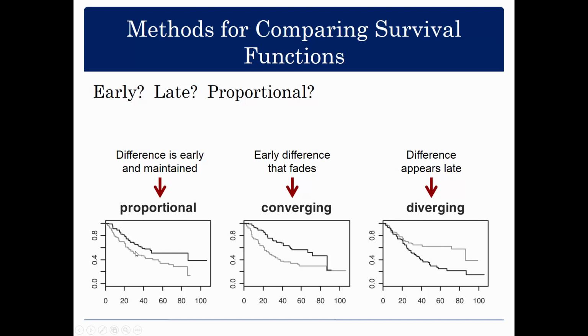You'll hear a lot of times when we do survival analysis that the methods that we're using assume proportional hazards. When you say, I'm assuming proportional hazards, you're saying that the treatment effect, the risk of the event in treatment A versus the risk of the event in treatment B, that difference is observed early and it's sustained for the entire study period.